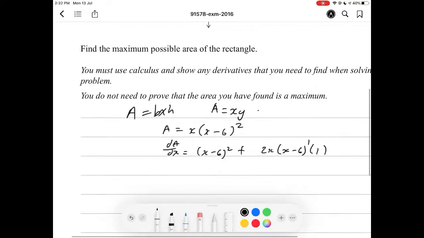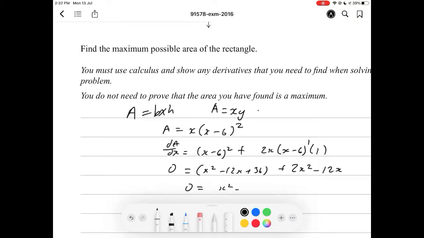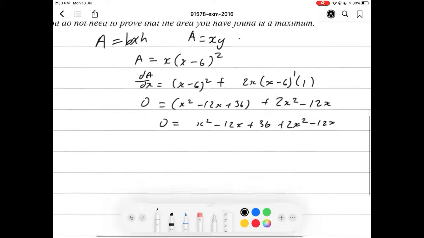Alright, so now we have dA over dx, and we know that at a maximum area, the derivative is equal to 0. So 0 equals x squared minus 12x plus 36 plus 2x squared minus 12x.